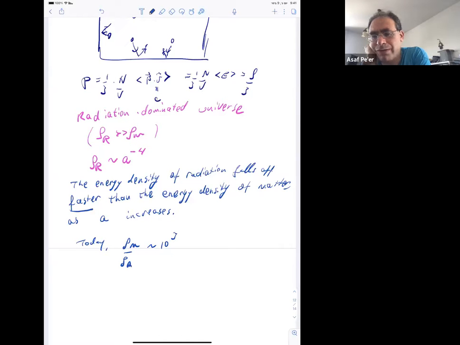What we just showed is that as the universe expands, the radiation loses its energy density faster than the matter. So if we go back to the past, it was not always like that. There was a time in the history of the universe in which the energy density in the radiation was in fact greater than the energy density of matter.